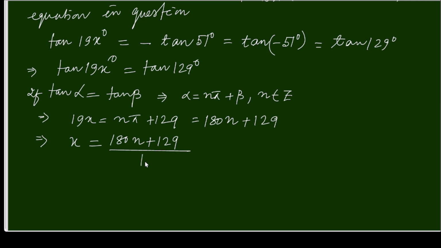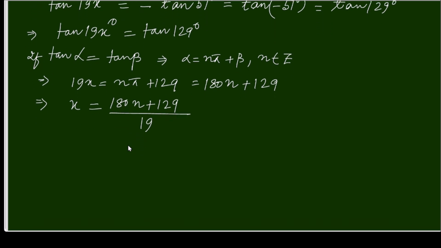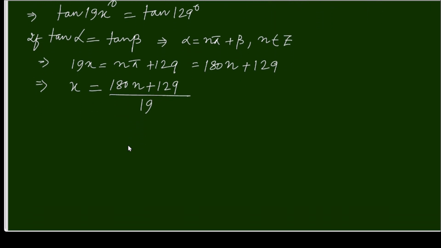That means when 180n plus 129 is divided by 19, it should be an integer, because n is an integer and x should be an integer value. So now you will apply modular arithmetic. That means, to have x as an integer, the RHS is an integer.